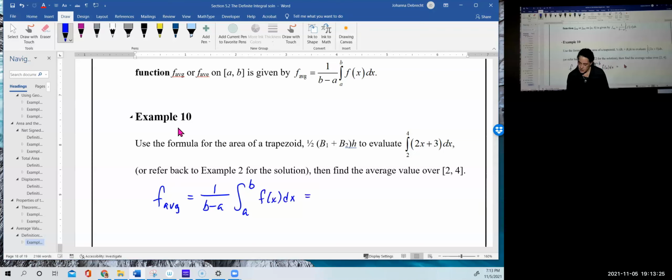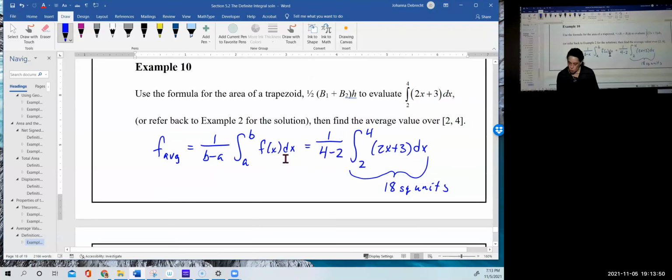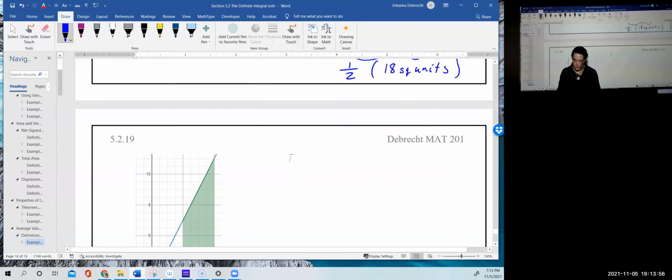For us, since we're going over the interval from 2 to 4, this will be 1 over 4 minus 2 times the integral from 2 to 4 of 2x plus 3 dx. Using the formula for the trapezoid, we got that this part was 18 square units. Now we need to multiply that by 1 over 2. That gives us 9.